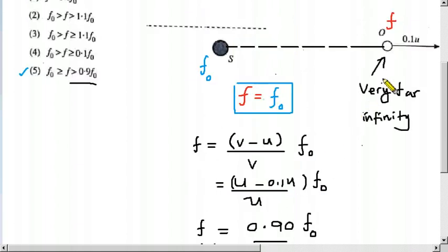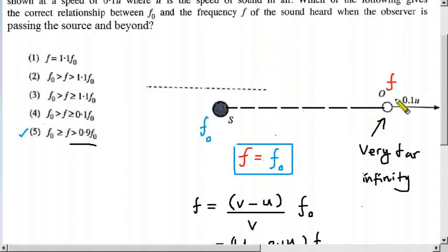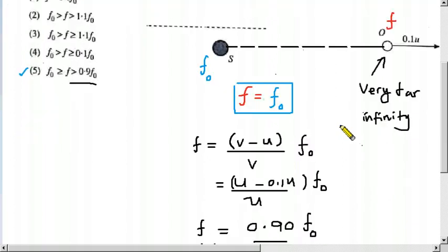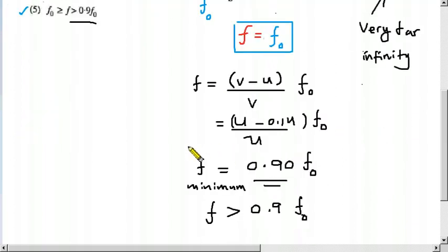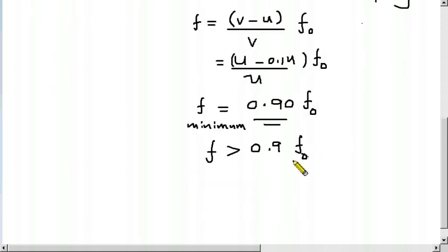But if the observer is at infinity, he can't hear this sound. He can't hear this sound because it is very weak, 0. So we can't get that equal value.